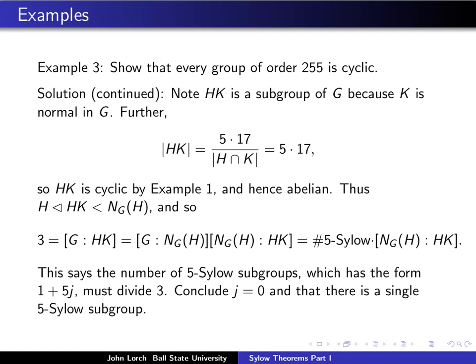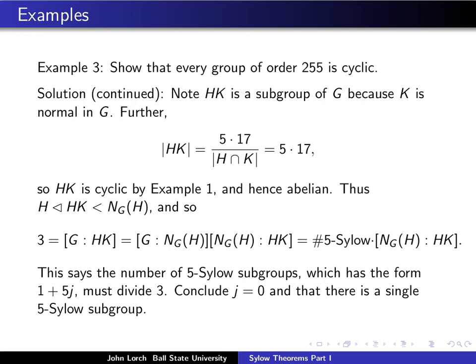So here we carry on with example 3, where we're trying to show that every group of order 255 is cyclic. So we had decided that really what this boils down to is an analysis of the 3-Sylow subgroups, the 5-Sylow subgroups, and the 17-Sylow subgroups. We showed that there's a single 3-Sylow subgroup and there's a single 17-Sylow subgroup.